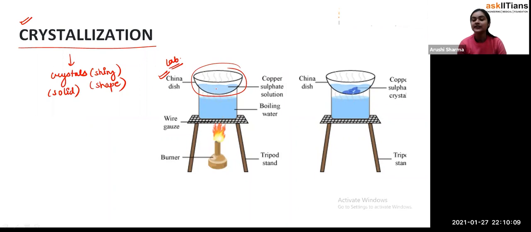The unwanted water present over here is going to evaporate. And after some time, you will observe the crystal formation of the copper sulfate, and that is the crystallization process, student, when you get the pure form from the impure form.